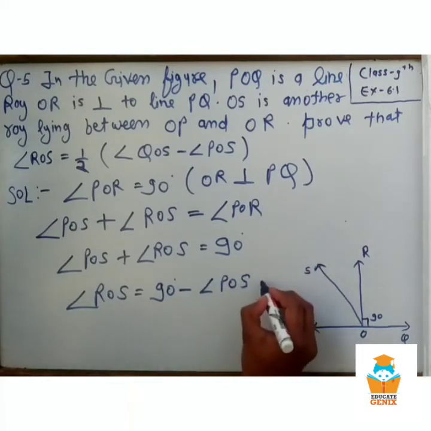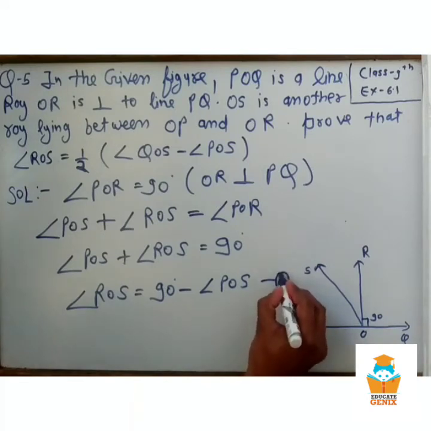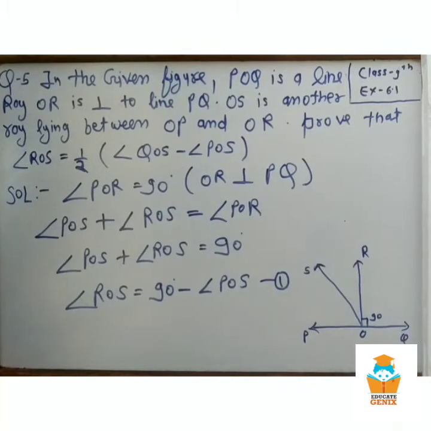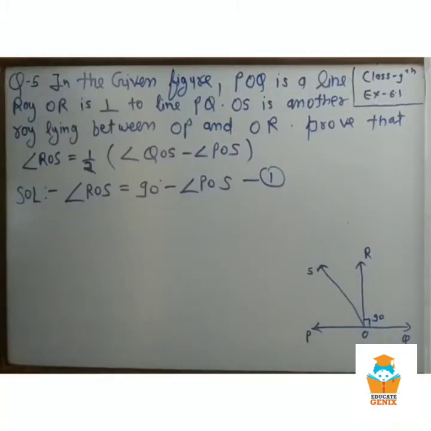So this is our first equation. I hope you got this much. As we already found, angle ROS equals 90 degree minus angle POS, which is our equation number one on the previous page.